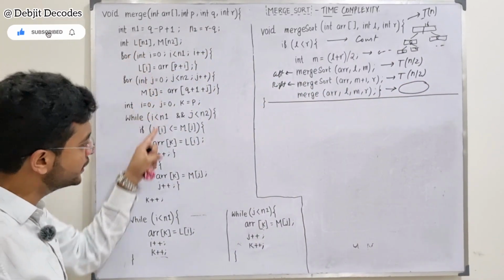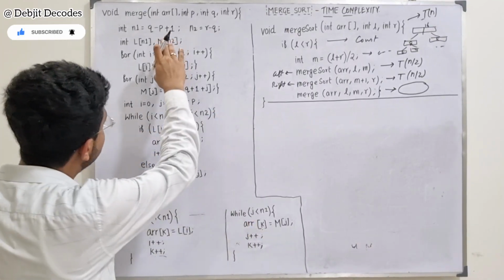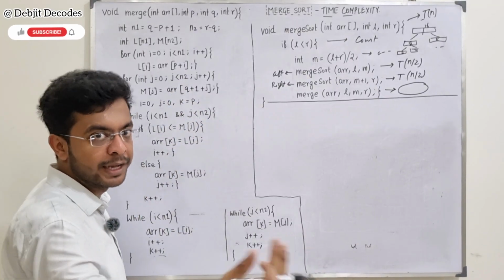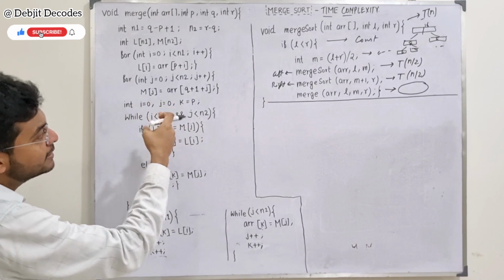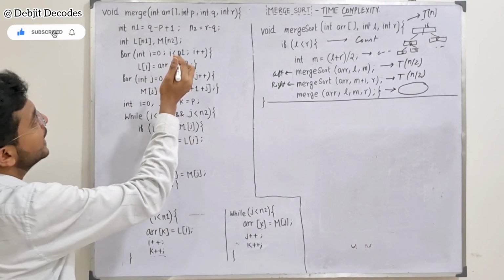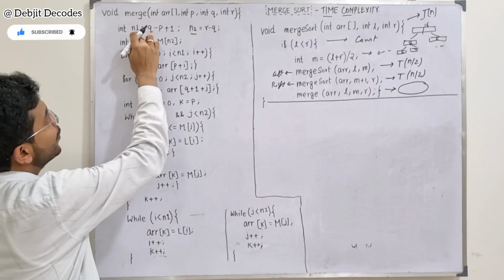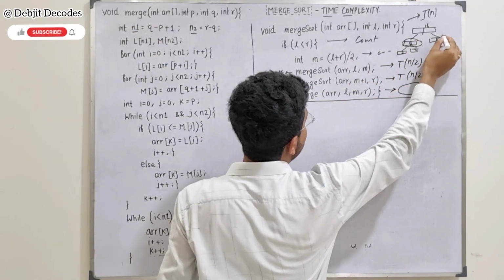Now if you look at this merge function, there are no recursive calls. It is a completely iterative function. What this function is doing, I have talked about rigorously in the previous video, you can check it. But for the time being, I will just make you understand the time complexity. This n1 was holding this particular part and this n2 was holding this particular part.